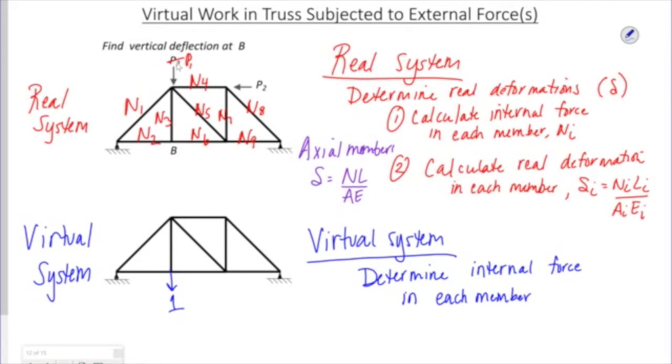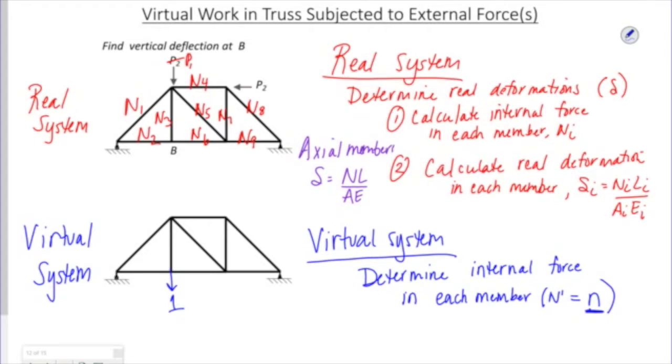Now earlier we called it big N prime. Now we're going to call it little n for my virtual system, little n. So we're switching nomenclature.